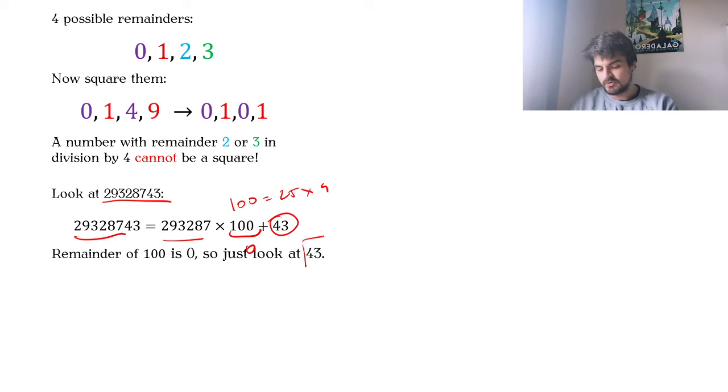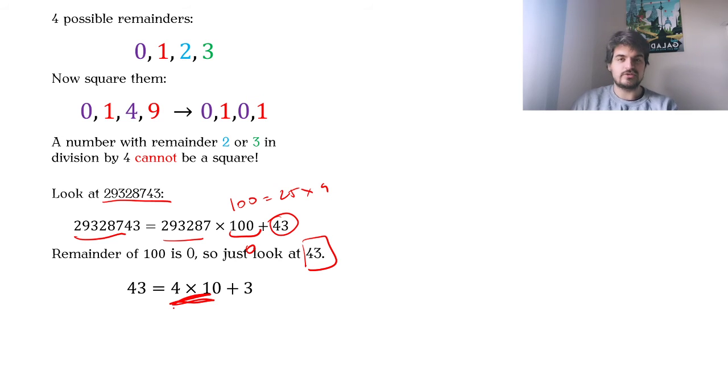So we just look at 43, and 43 is much easier to calculate because 43 is 4 times 10, which is 40, plus 3. So the 40 is divisible by 4, so we can get rid of it. This is 0 in division by 4, and what we are left with is 3. So the remainder of this really big number is 3.